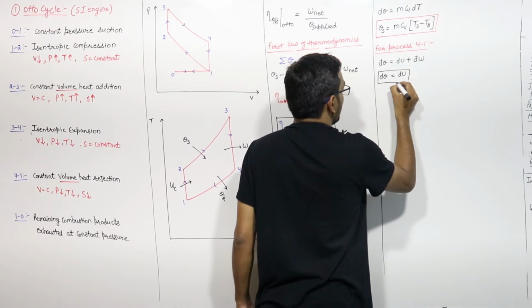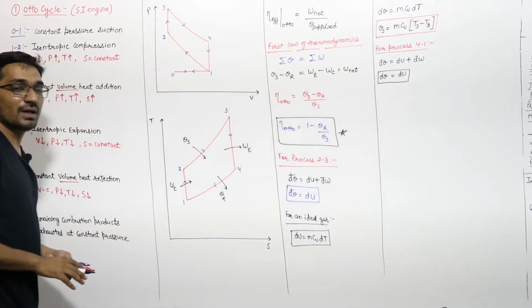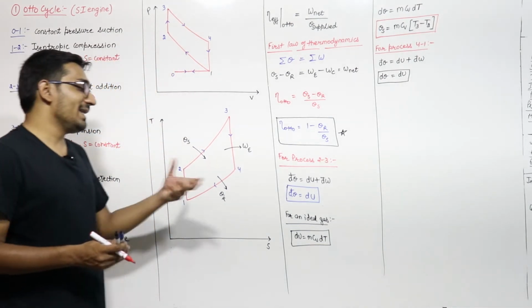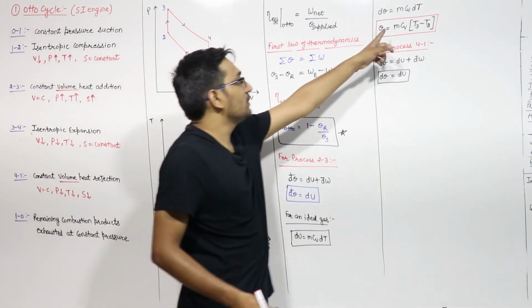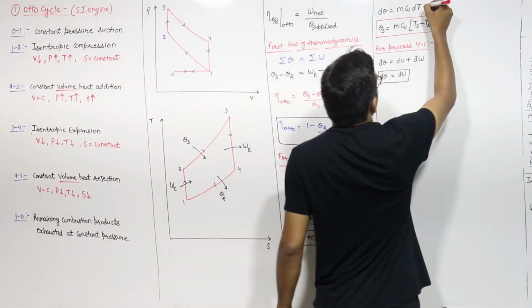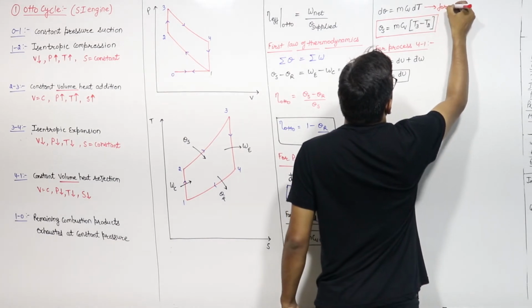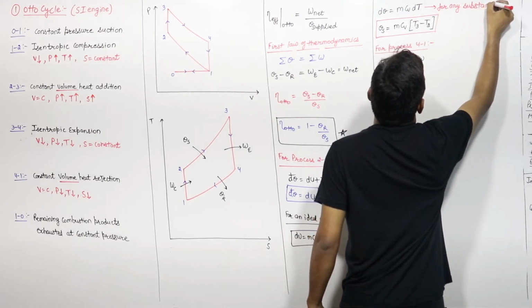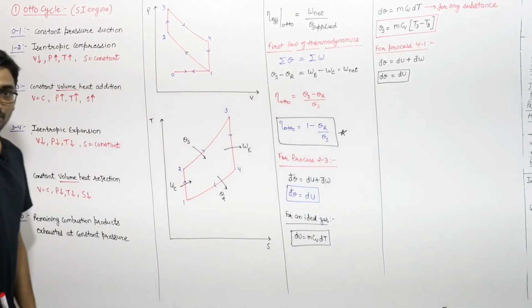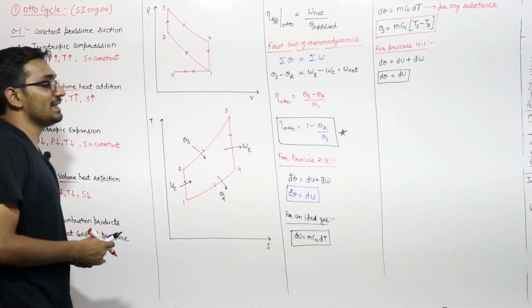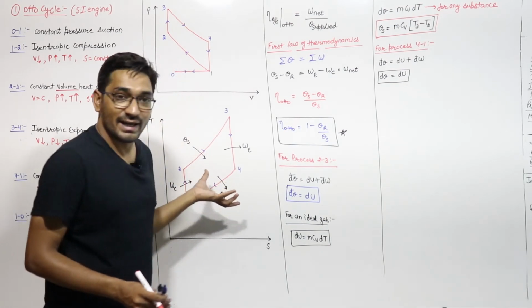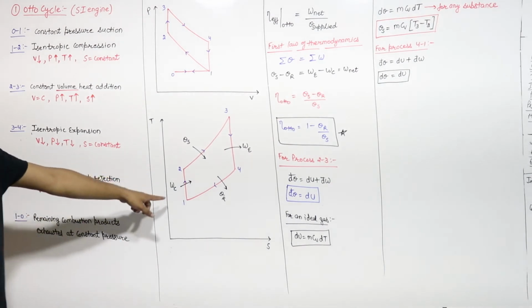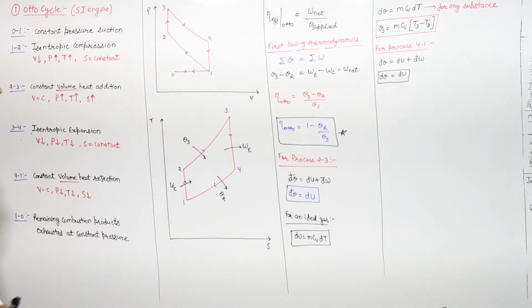And because it is an ideal gas also, and this is a constant volume process, whether it is an ideal gas or not, this equation you can write for any substance. Why? Because the process is constant volume. If air is not there, then also you can write dQ is equal to mCv dT for this process, because it is a constant volume process.